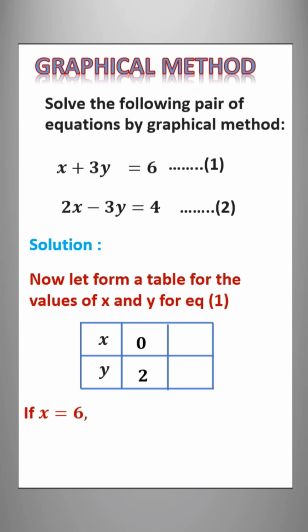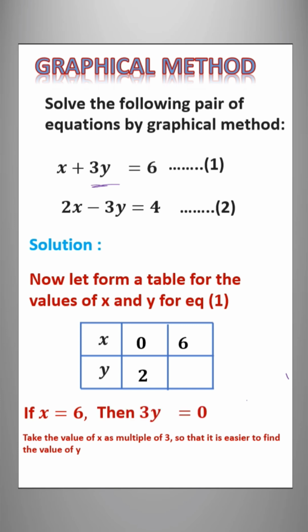Now x is equal to 6. You can take the value of x as a multiple of 3. Here we have 3y, so it is easier to find the value of y. So now x is equal to 6. What happens? 6 plus 3y is equal to 6. 3y is equal to 0.